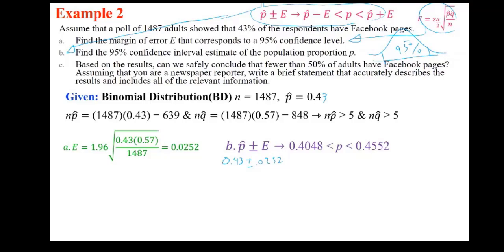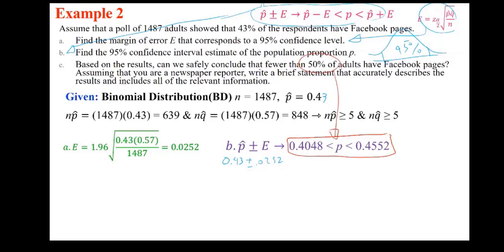How would we do the interpretation? It's important to have a reasonably decent interpretation. First, based on the result, can we safely conclude that fewer than 50% have Facebook? Take a look at the interval. Three things can happen. Either it's entirely below 50%, you compare it to this 50%, and if it's below, the answer is yes.